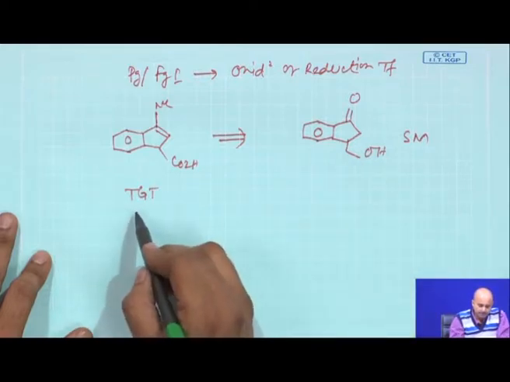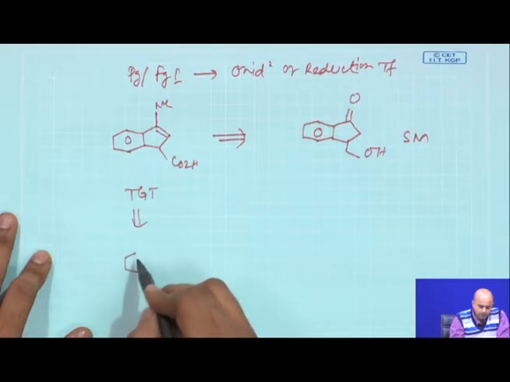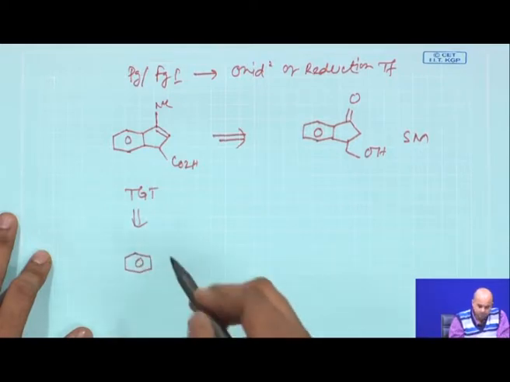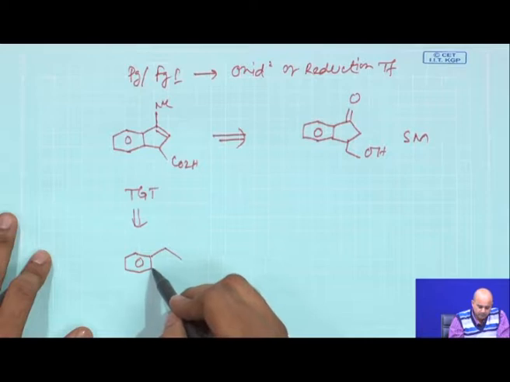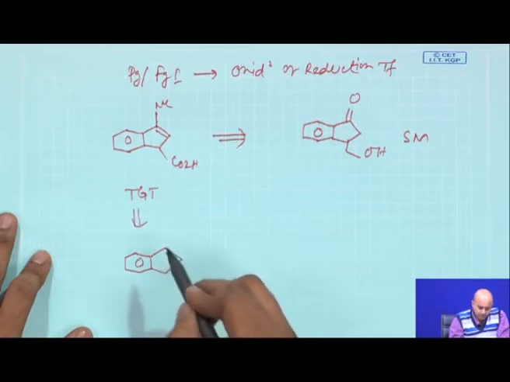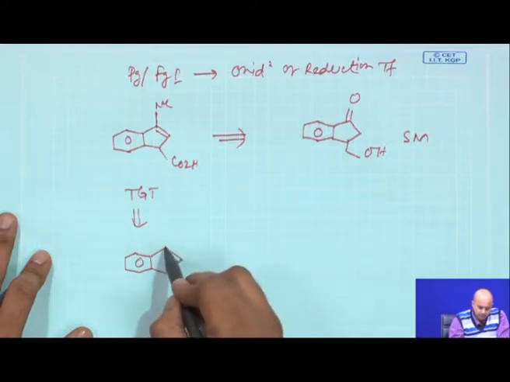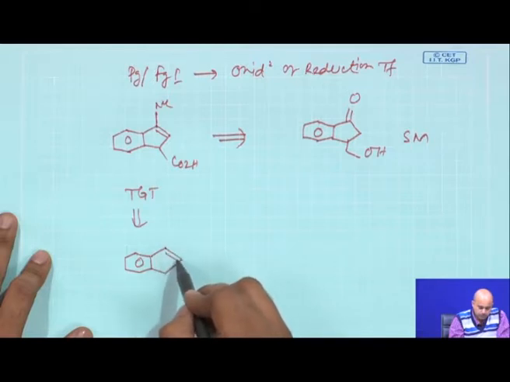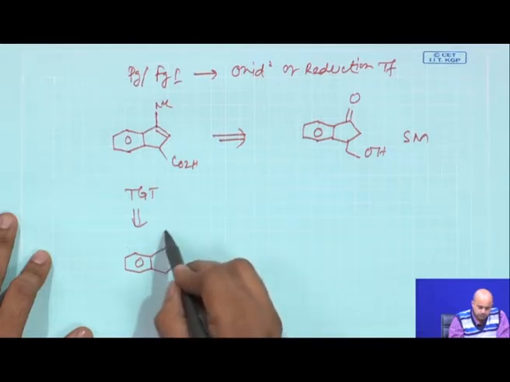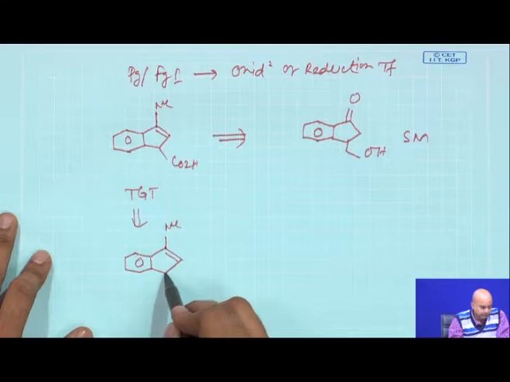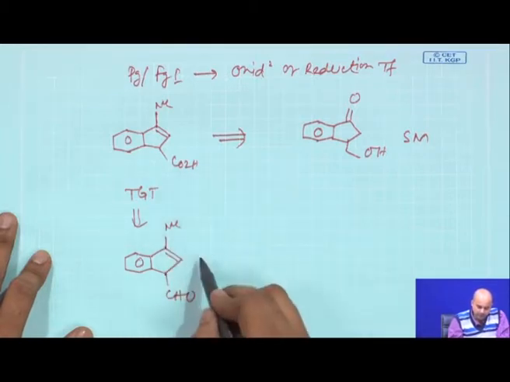So now we will try to do a retrosynthesis based on this. First, an aldehyde can easily be converted to acid.